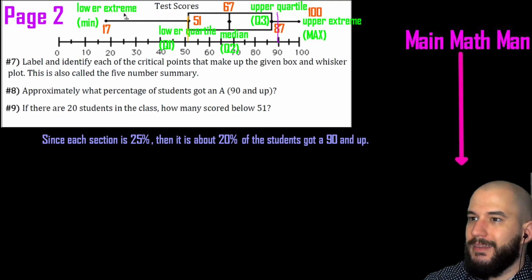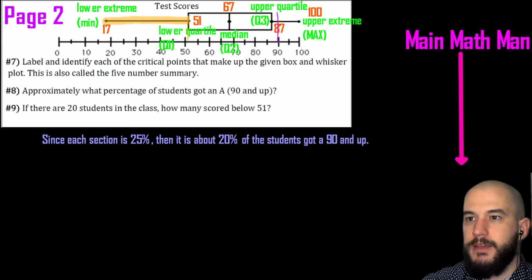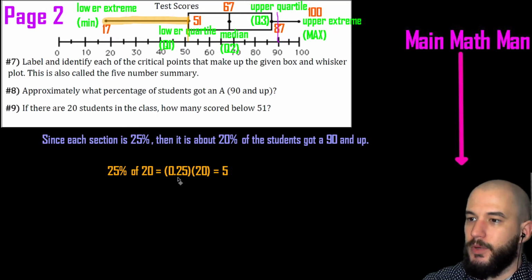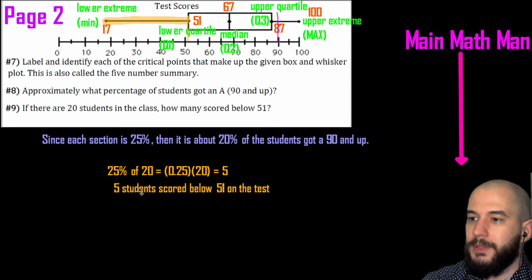So we know that this entire section, I'll highlight it, is worth 25% of the entire set. So 25% of 20 is equal to 5, because we do 0.25 times 20, multiply those two together, and you get 5. So our statement is: 5 students scored below 51 on the test.